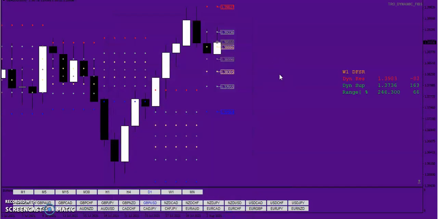What the Fibonacci traders say is that price is going to do what's called a Fibonacci retrace. So I've got this set for weekly, and we're looking at it on a daily basis. The previous week it hit a high here, and the previous week's low was here.